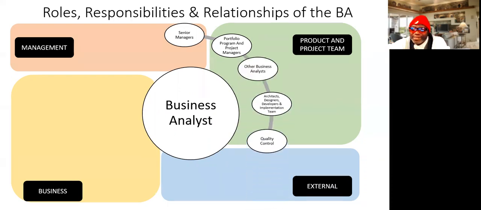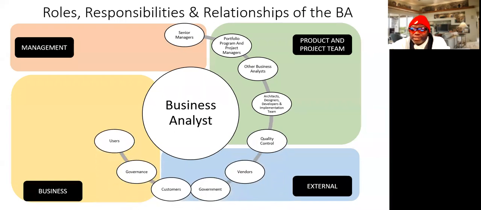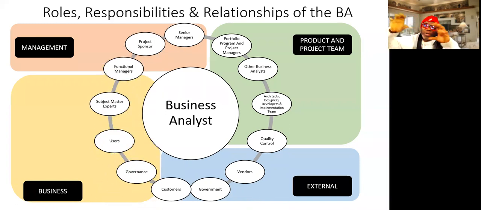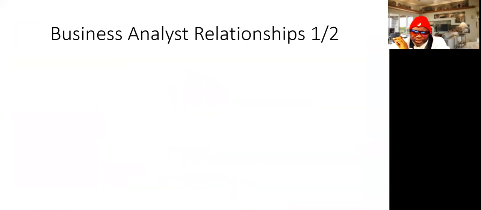Other business analysts, architects and designers, quality control, vendors, government, governance, users, subject matter experts, functional managers, all of these, the business analyst role is going to touch all of these. So it's absolutely important for us to realize that these business analysis relationships are critical for projects. So let's go into a few of them, just a little bit, just briefly.